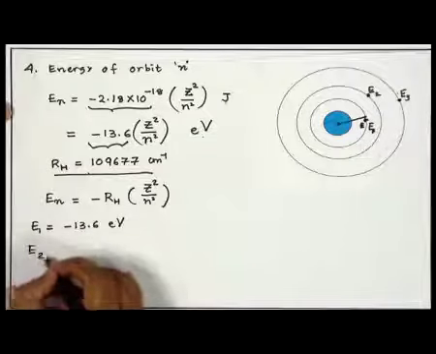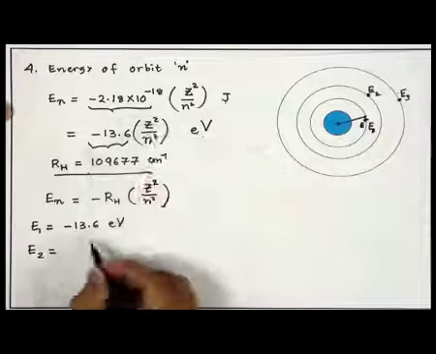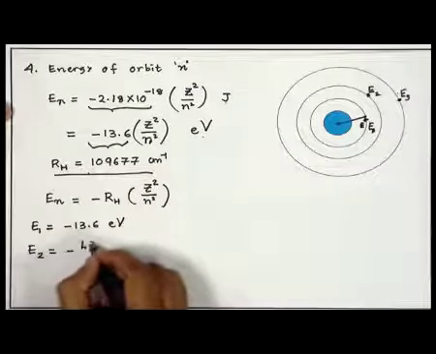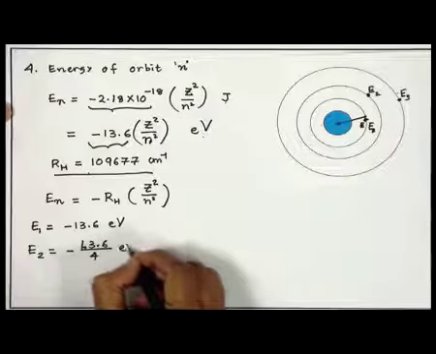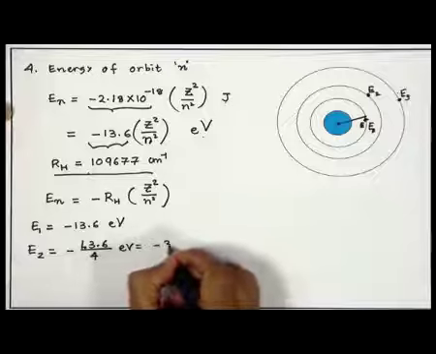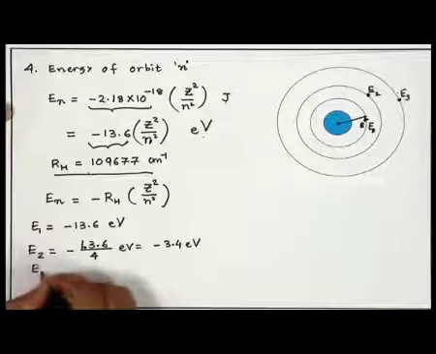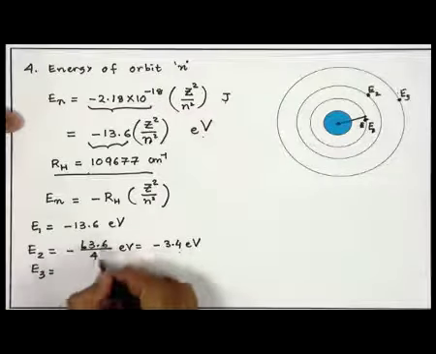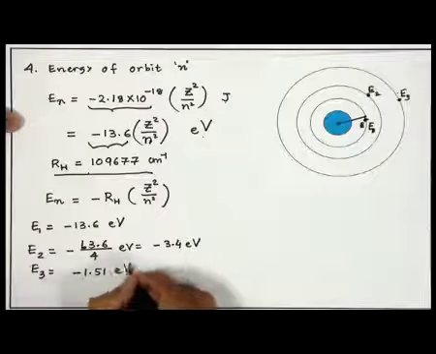The energy of the second stationary state is obtained when n is 2, z is again 1, so minus 13.6 divided by 4 electron volt, which is minus 3.4 electron volt. E3, the energy of the third orbit, is minus 13.6 divided by 9, which is minus 1.51 electron volt, and so on and so forth.